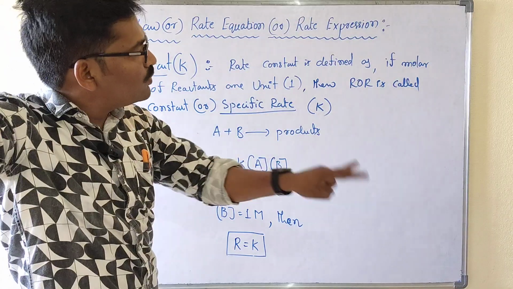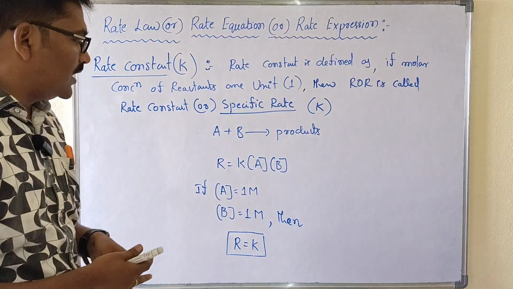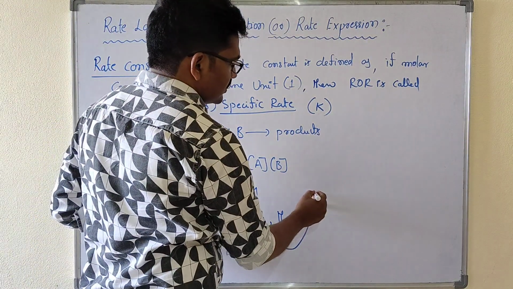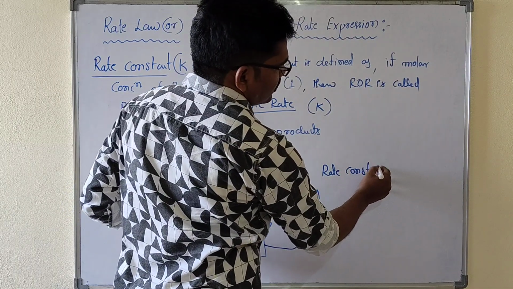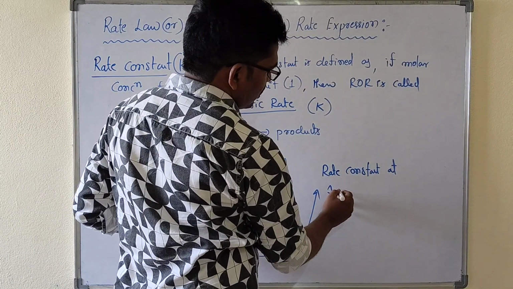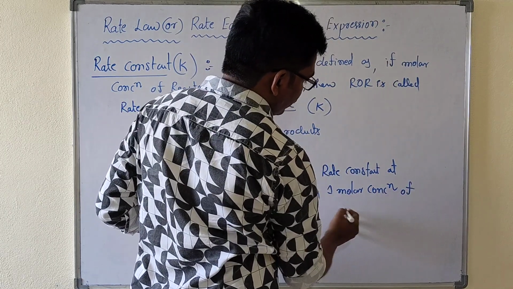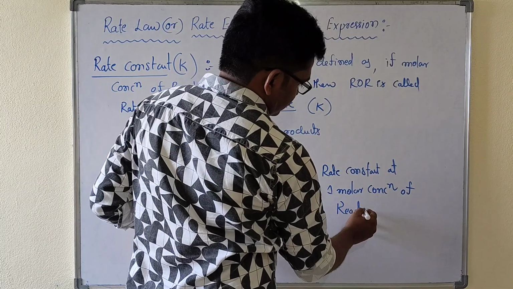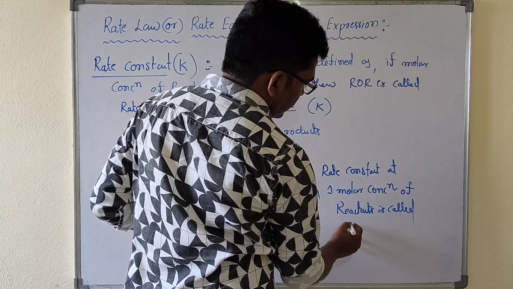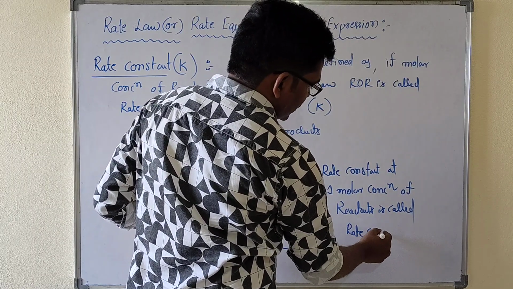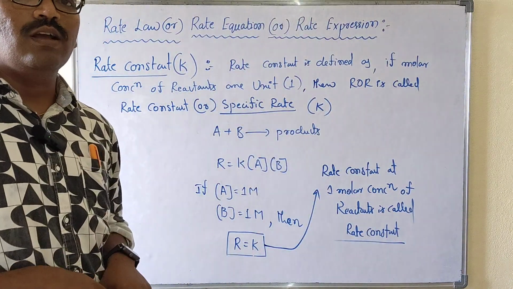Clear, my dear students? The rate of reaction at 1 molar concentration of reactants is called the rate constant or specific rate. We call it either rate constant or specific rate.